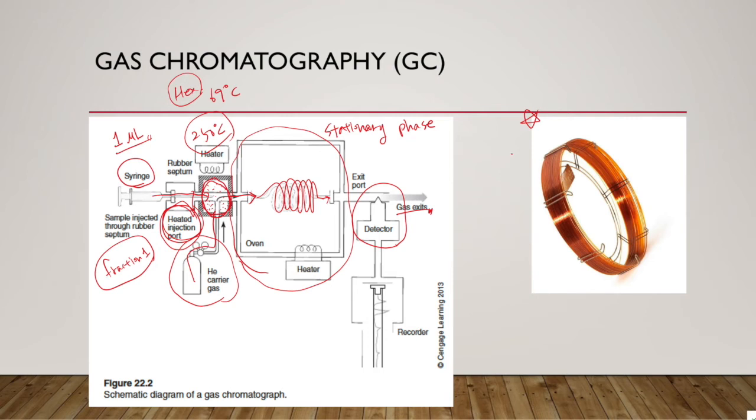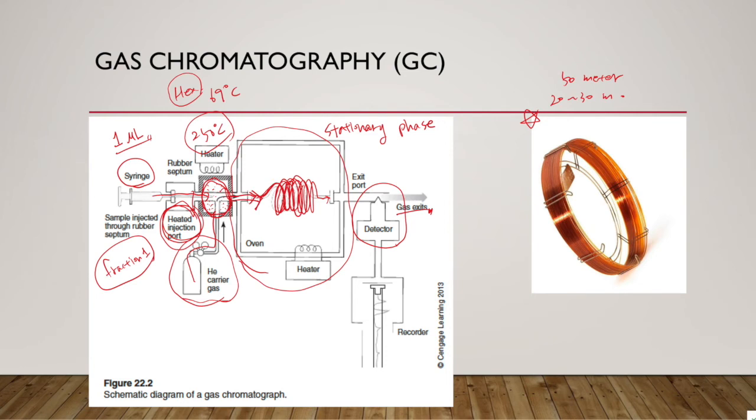It is basically a capillary, and the inside of the capillary is coated with some non-polar material. Once these vapors get into the column, by applying pressure from the carrier gas, they will go through the column. Normally this column is about 20 to 30 meters long, or sometimes up to 50 meters long. It's a really long, thin capillary.